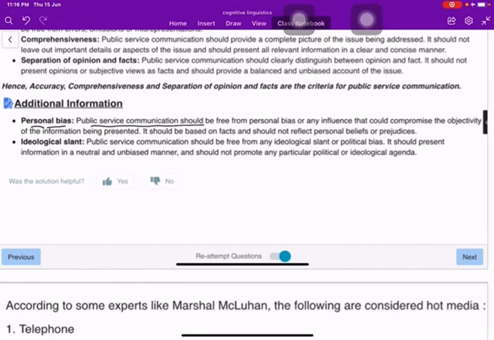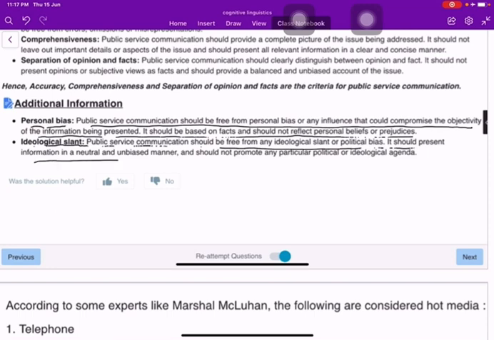Public service communication should be free from personal bias or any influence that could compromise the objectivity of the information being presented. It should be based on facts and should not reflect personal beliefs or prejudices. Ideological slant. Public service communication should be free from any ideological or political bias. It should present information in a neutral and unbiased manner and should not promote any particular political or ideological agenda.